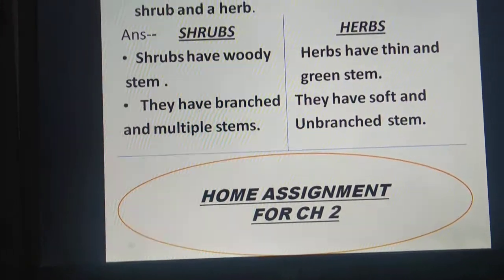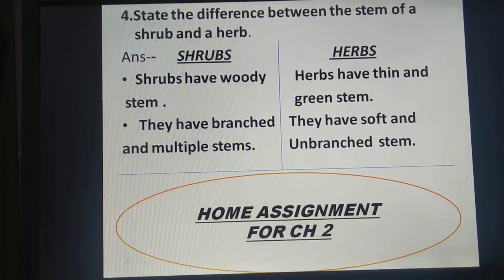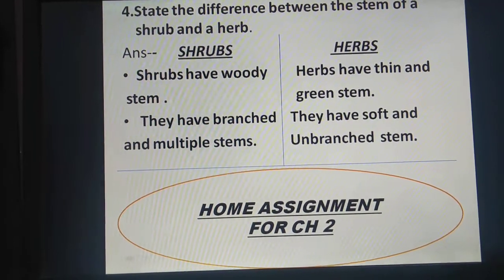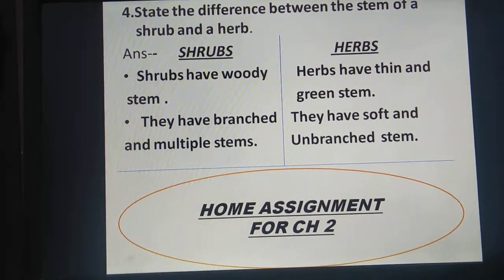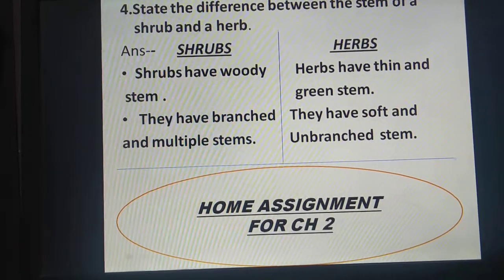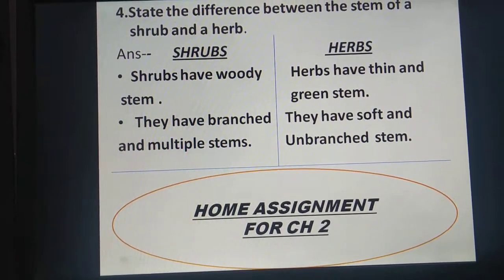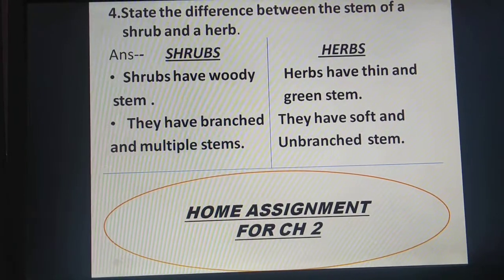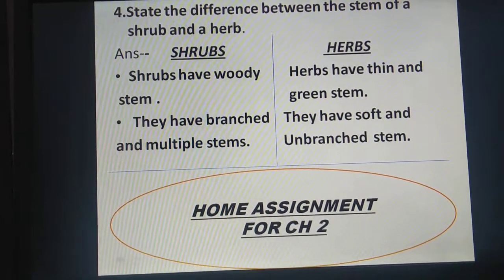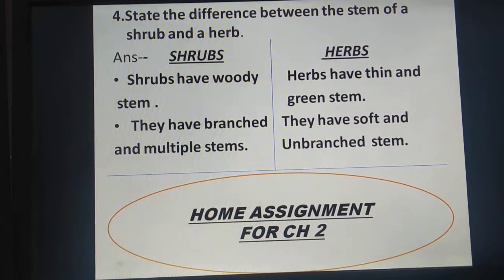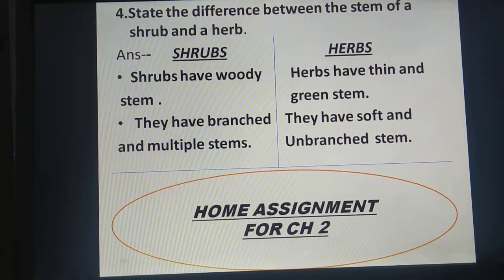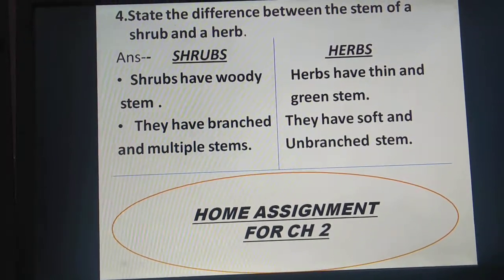And the last question of this, state the difference between the stem of a shrub and herb. Children, you have to write the difference between these two plants. Answer is shrubs have woody stem, whereas herbs have thin and green stem. Second point, shrubs have branched and multiple stem. Herbs have soft and unbranched stem.